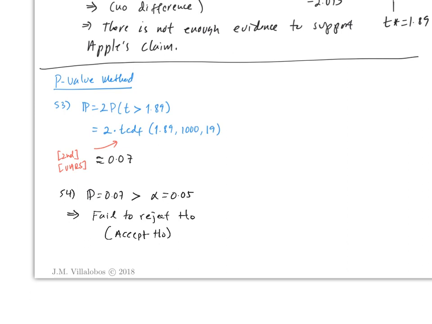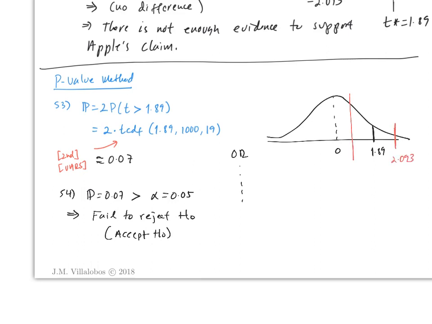Now, if you don't have a TI-83 or 84, you can use the t-table. Look under the degrees of freedom, which is 19. The number you're trying to find is 1.89. That value is between two numbers, 2.093 and 1.729. If we look to the table, these are the values we got.